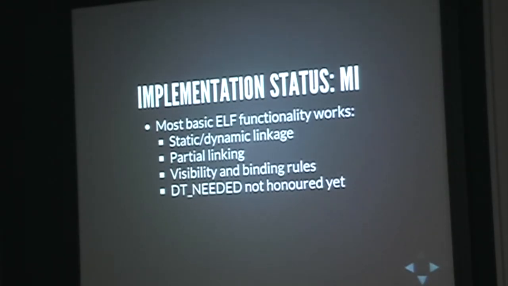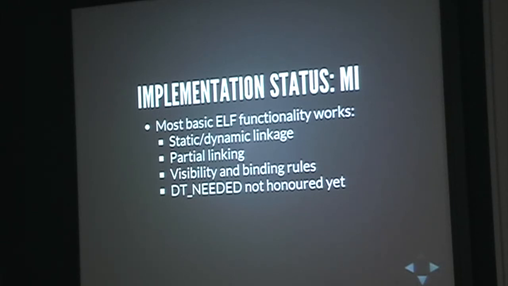So what's the implementation status? That can be divided into platform-independent parts and platform-specific parts. In the platform-independent area, most of the basic functionality just works. We have static and dynamic linking, we have partial linking, that is ld -r.